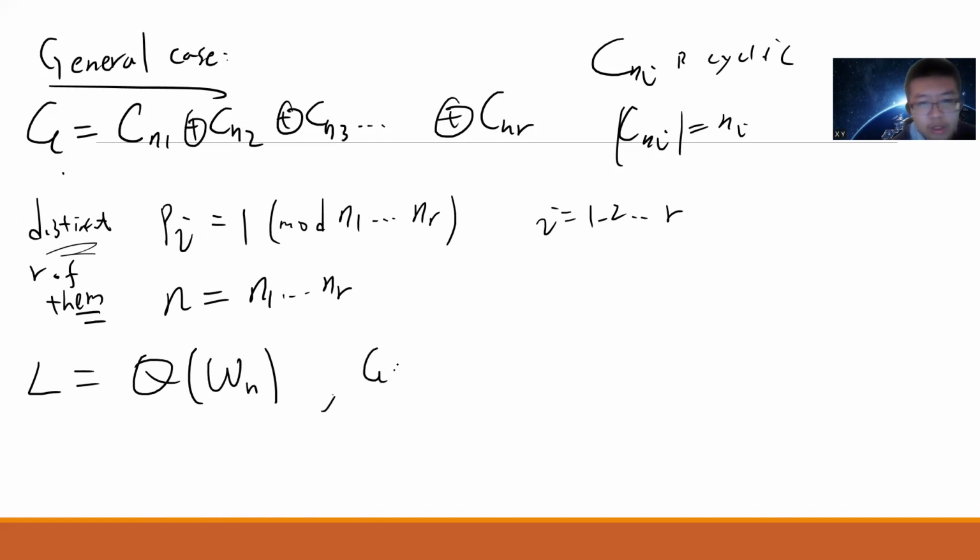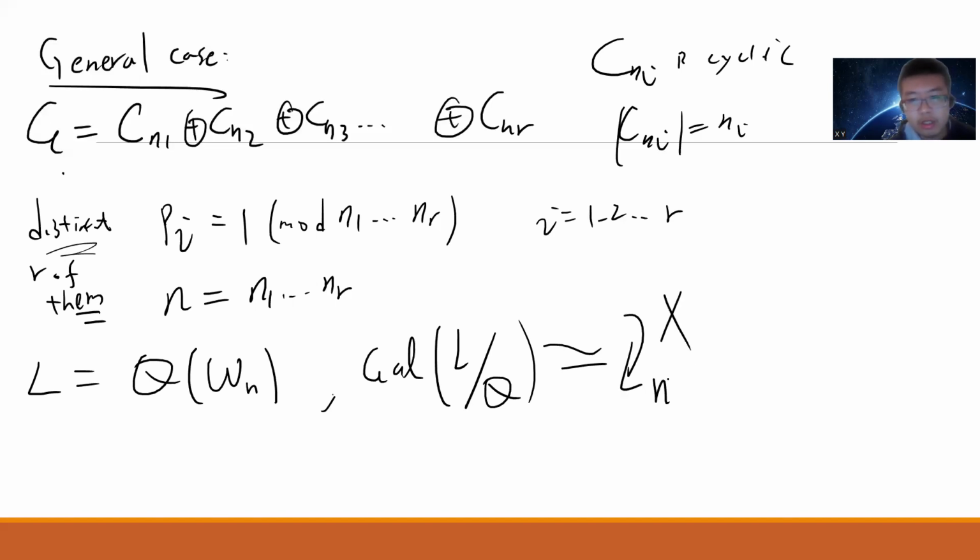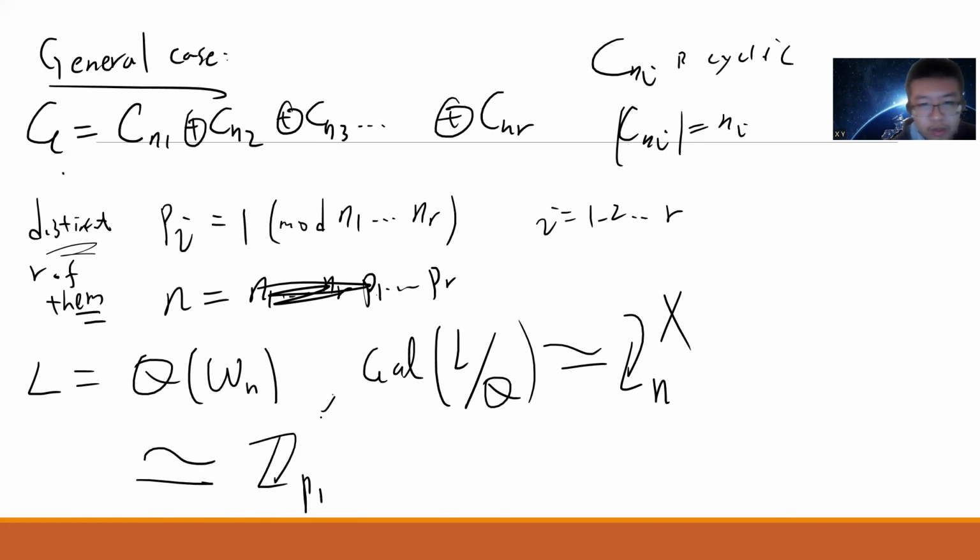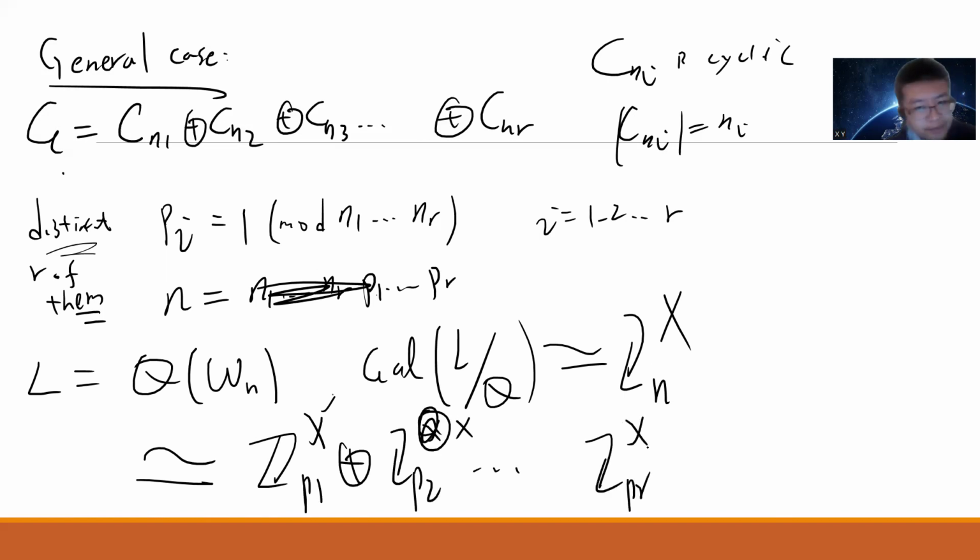The Galois group of L over Q will be Z_n cross. Since p1 up to pr are coprime to each other, it is isomorphic to Zp1 cross direct sum Zp2 cross up to Zpr cross.